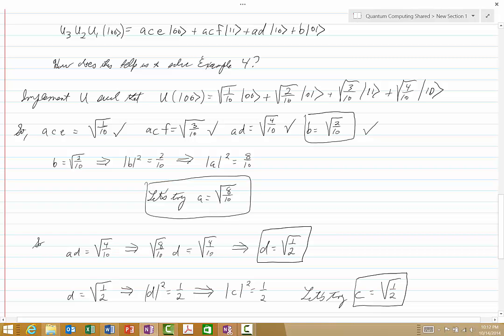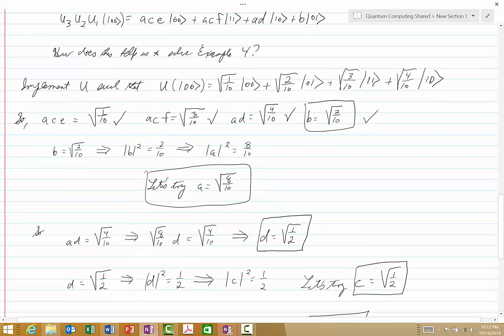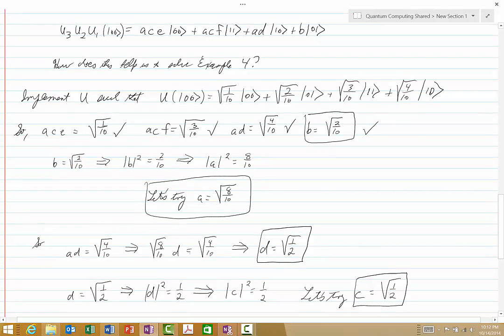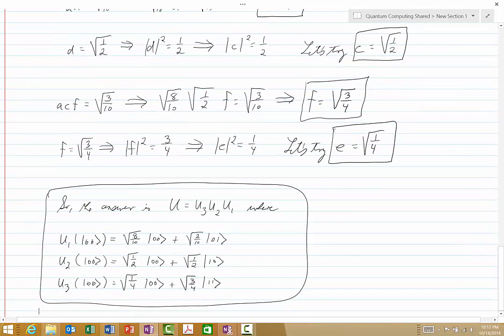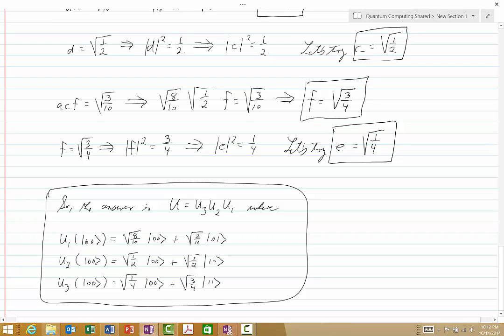And depending on which A's we chose, we could have gotten different values for D and so on. So this assumption leads us to one conclusion, but this is not the only possible solution to this problem. But we're not asking for all solutions, we're just asking for a solution.